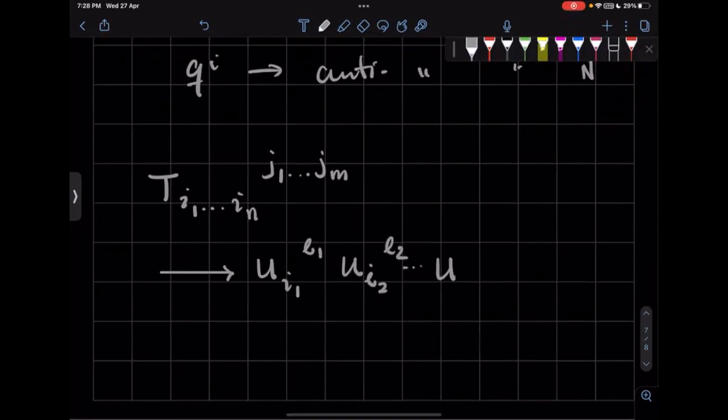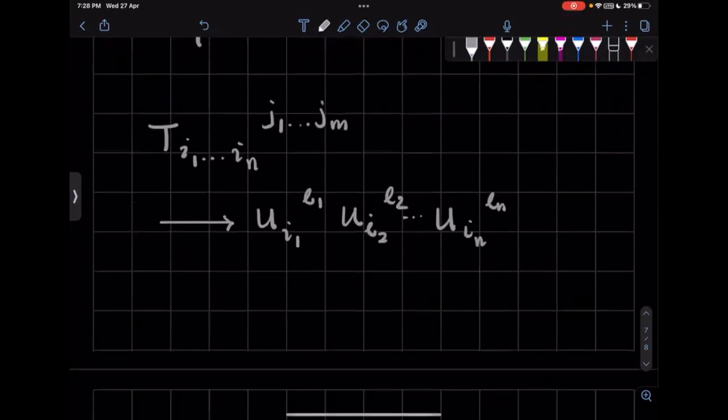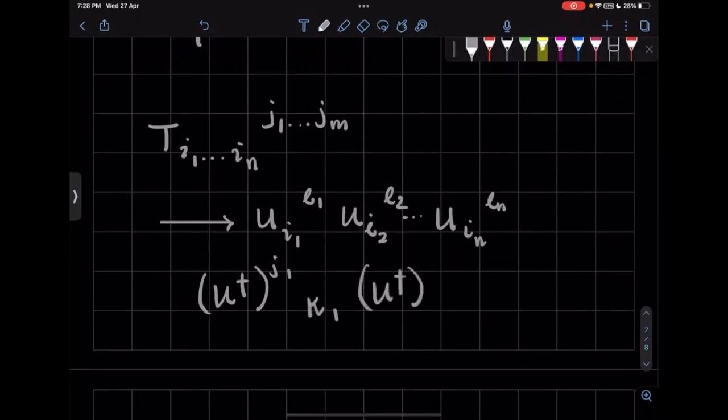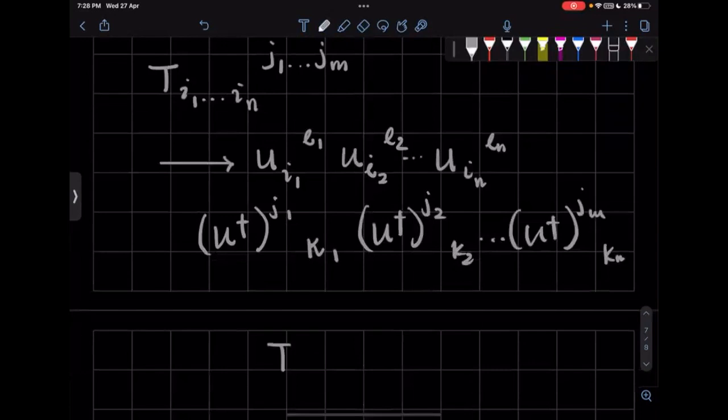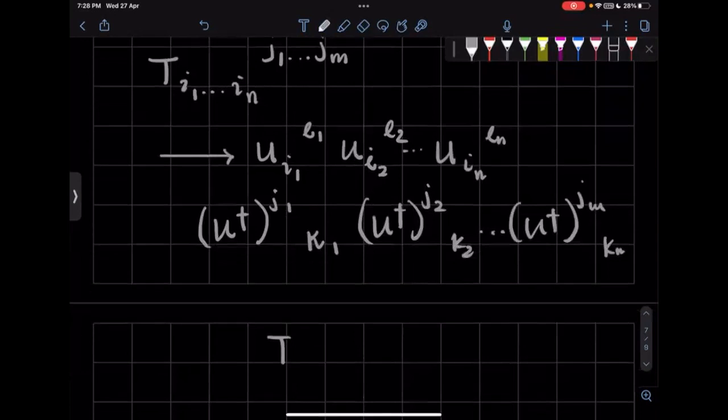And then we get m factors of U dagger, which is J1, K1, so U dagger J2 K2, dot dot dot, U dagger Jm Km, and then we have T, and T will have L1 through Ln downstairs index and K1 through Km upstairs index.